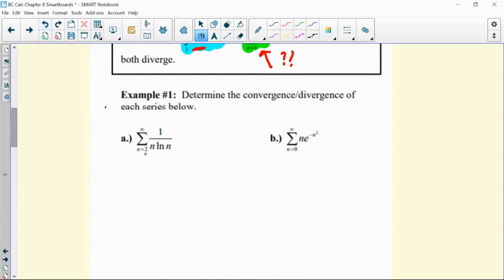So what I'm going to do is redefine this as a function, f of x equals 1 over x times ln x. And I'm going to make a note. First of all, f of x is positive. I know that f of x is continuous on the given interval starting at 2.